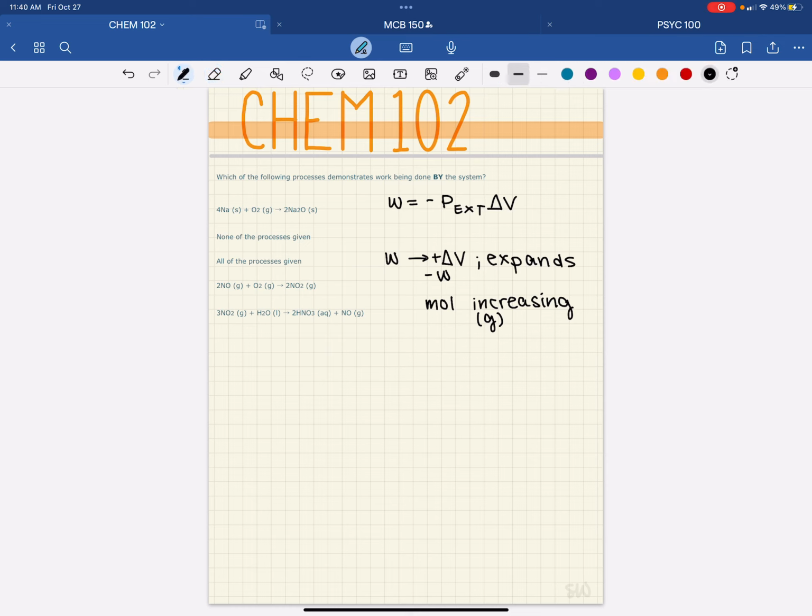So in this case, I have 1 gaseous molecule here, and this is solid, that's solid, so I have 0 here. So this one cannot be it, because this would have a negative delta V.